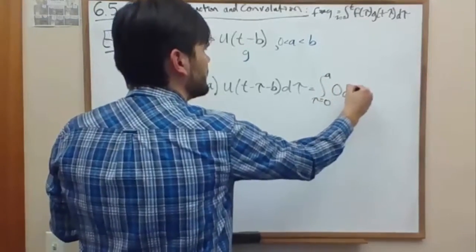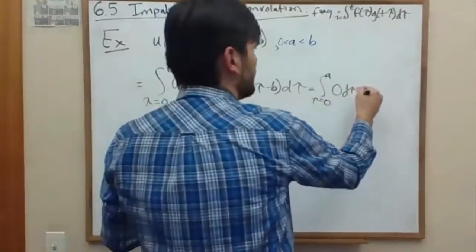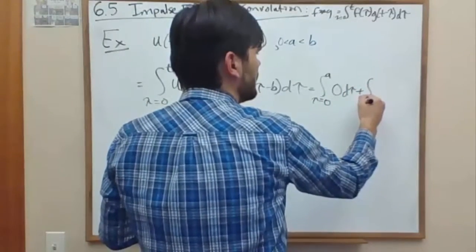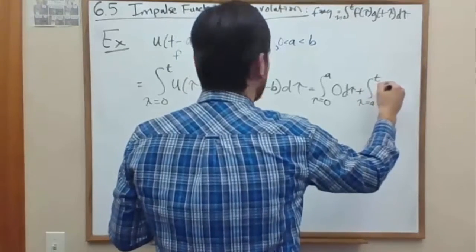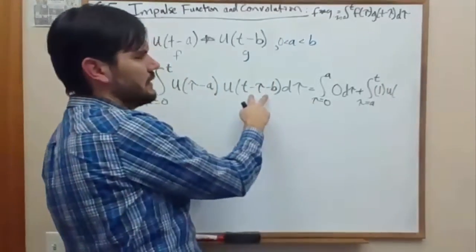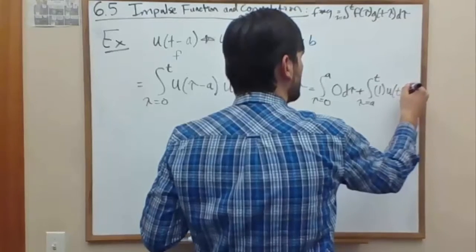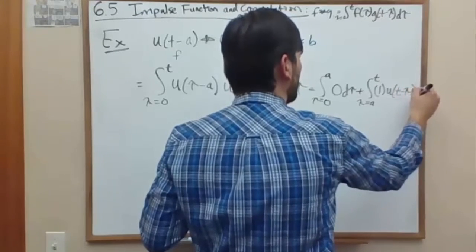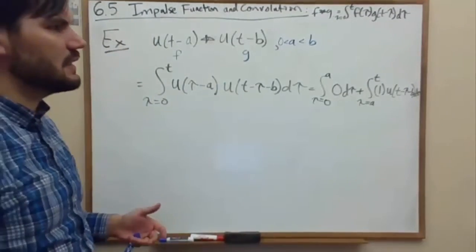And over that interval we get 0. We know that. And then we have the integral from a to t of 1 times u of t minus tau minus b, d tau. So we applied the binary nature of the first unit step function.